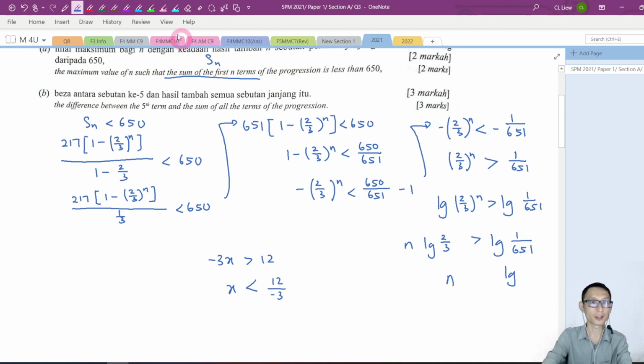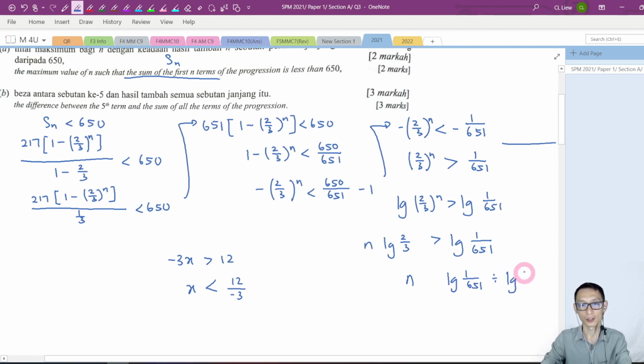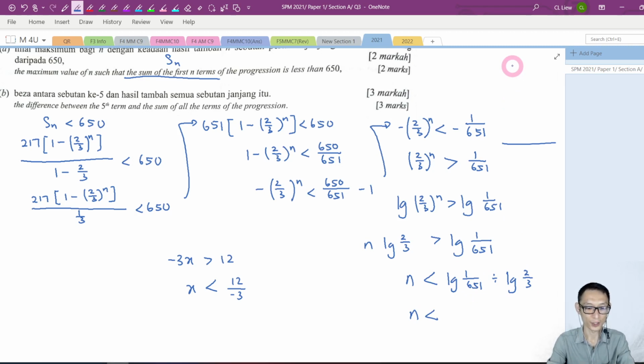Log 1 over 651 divided by log 2 over 3. Remember to flip the inequality sign. This one you just press your calculator: log 1 over 651 divided by log 2 over 3, using log base 10.